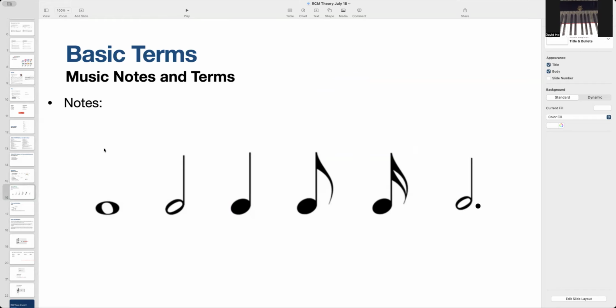Instead of me talking here, I'm going to ask some of you to answer the questions for this one. Let's start from, is Alan there? Yes. Alan, after you, it's going to be Gavin. Can you tell me what type of note this is?